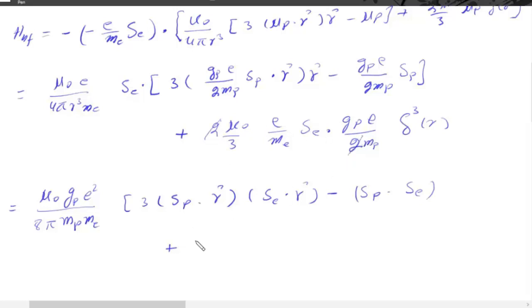Then we can write this as mu_0 g_p e^2 divided by 3 m_p m_e, and then the spin of the proton and the spin of the electron and the delta function.